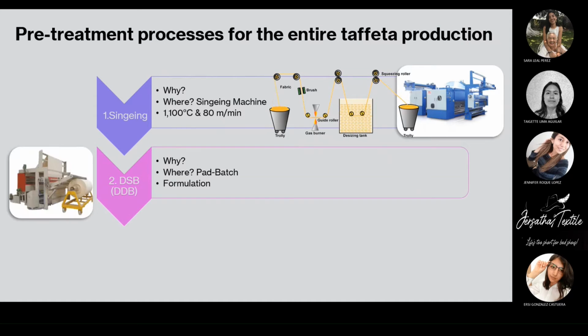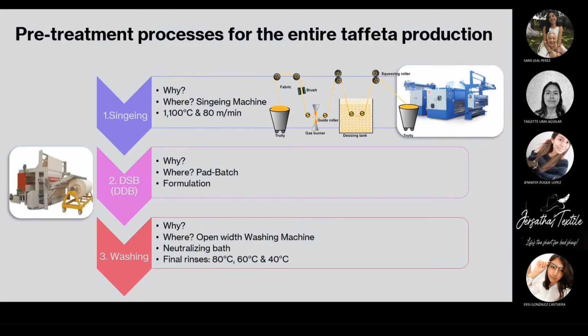The pad batch was chosen because it allows us to split production, and the formulation of the DSB bath is 10 grams per liter of moistening agent, which helps the fiber to absorb liquids quickly, 20 grams per liter of sodium silicate for bleaching, 15 grams per liter of sodium hydroxide at 36 Baume degrees, which provides the alkaline pH of the bath, 25 grams per liter of persulfate for starch de-sizing, and 50 grams per liter of hydrogen peroxide for scouring.